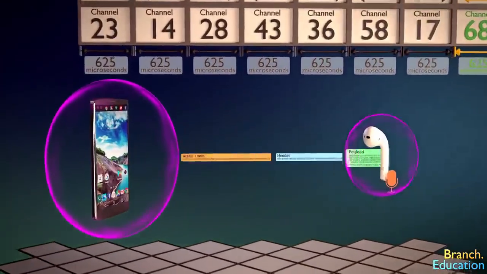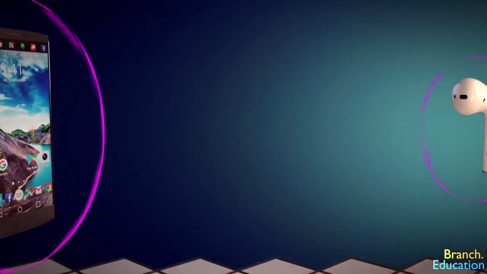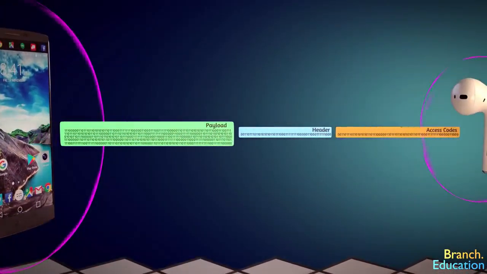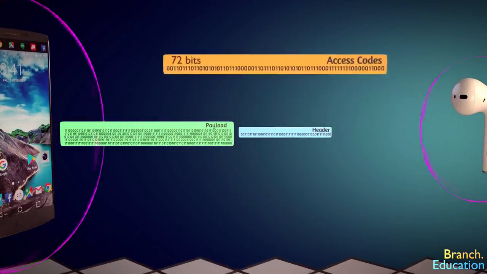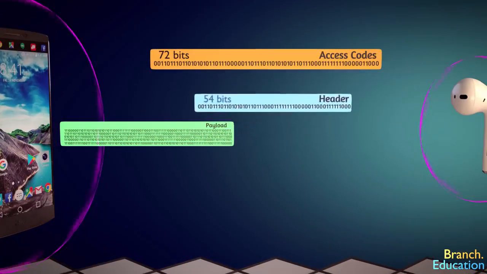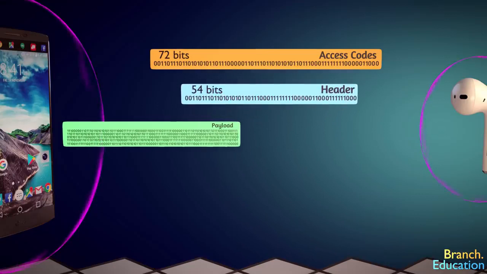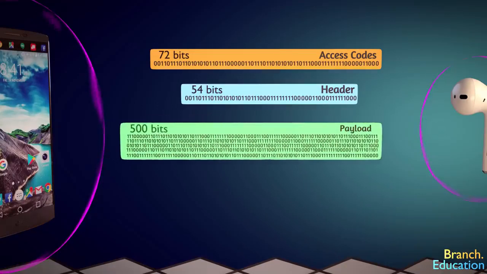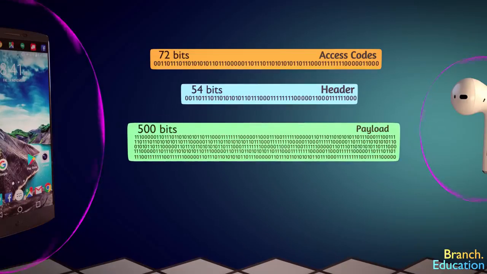Also, as we mentioned earlier, a Bluetooth packet is composed of 3 sections: access codes of 72 bits, a header of 54 bits, and, for example, a payload of 500 bits. The number of bits in the access codes and header are pretty close to those mentioned.